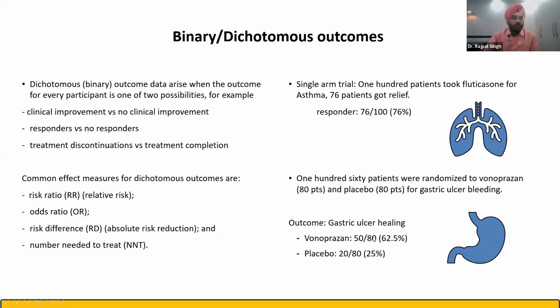So 50 out of 80 patients had healing at that specific time. That might be 6 months or 6 weeks, whatever time the clinical trial was conducted for. So it will be 50 by 80. 80 were the total number of patients enrolled, and 50 achieved gastric ulcer healing. Similarly, for placebo, if 80 patients were enrolled, 20 achieved that. So this is reported by n or percentages. These are the binary outcomes.